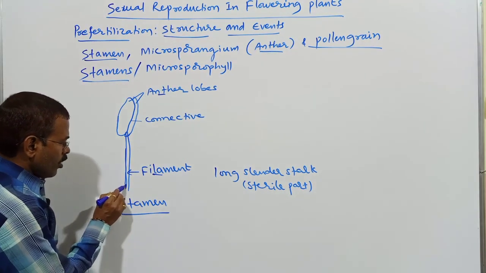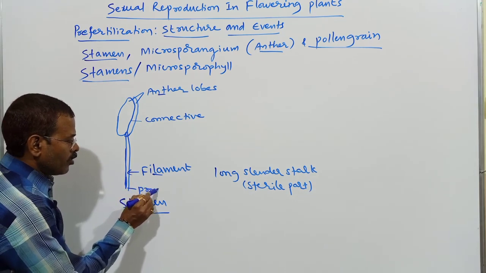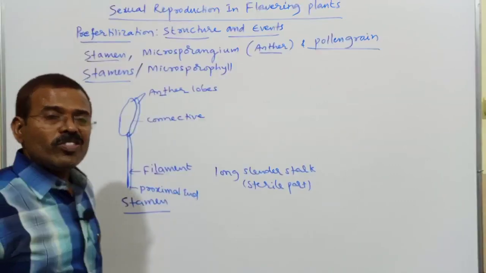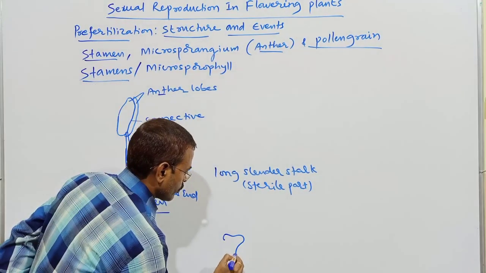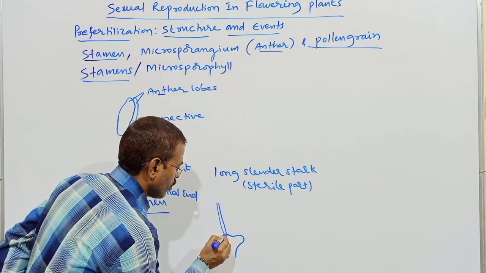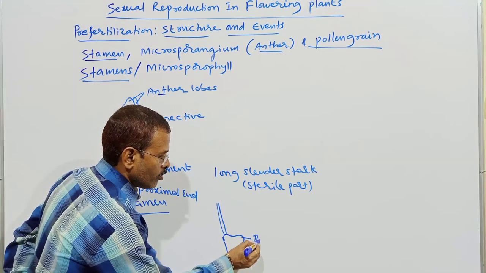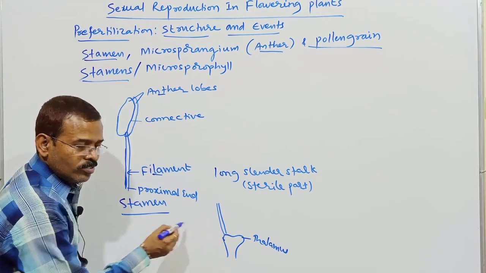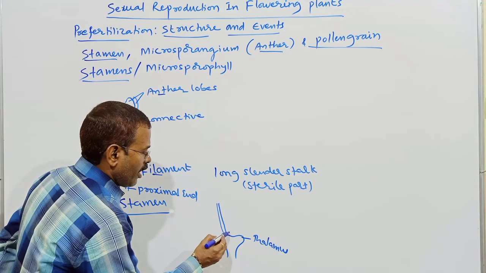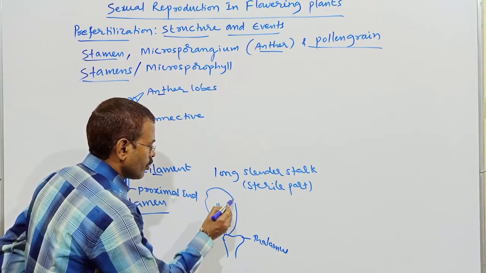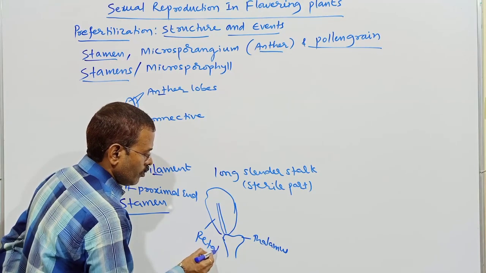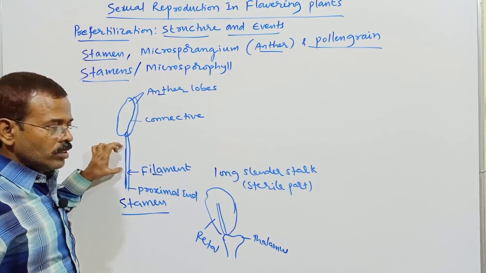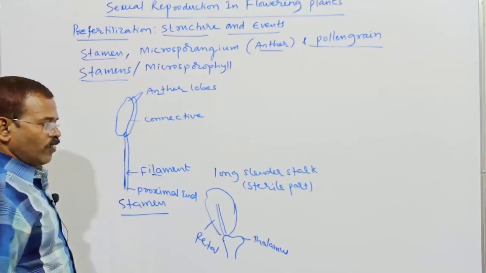This is the proximal end of the stamen, which can be attached either to the thalamus or to the petal, whatever it is. So the long, slender stalk, which is the sterile part, is called the filament.